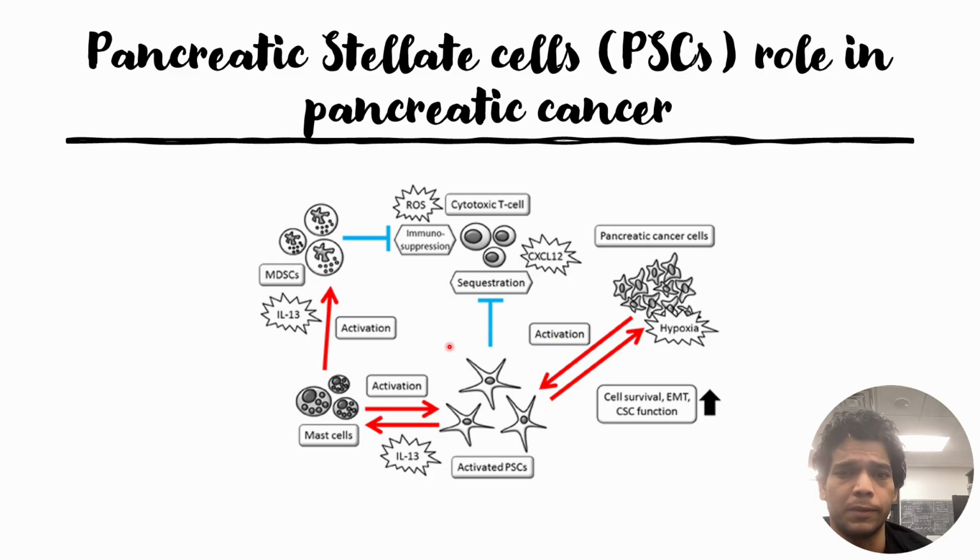So this is a basic overview of how pancreatic cancer cell development occurs and the roles of myeloid derived suppressor cells and activated pancreatic stellate cells towards its progression.